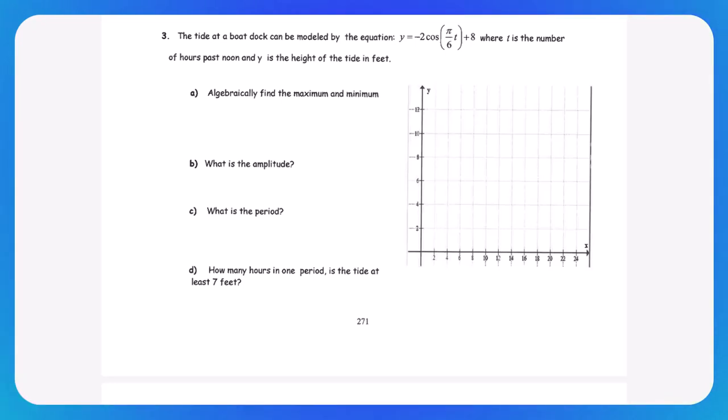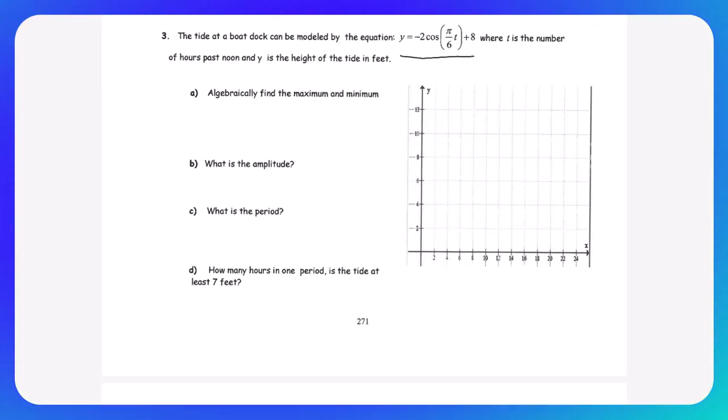Now in this one here, it says the tide at a boat dock can be modeled by the equation. And again, tide is one of those cycles in nature. Anything cyclic often can be modeled with a sinusoidal function, and tide is one of them. So it says it can be modeled by this sinusoidal function here, where t is the number of hours past noon and y is the height.